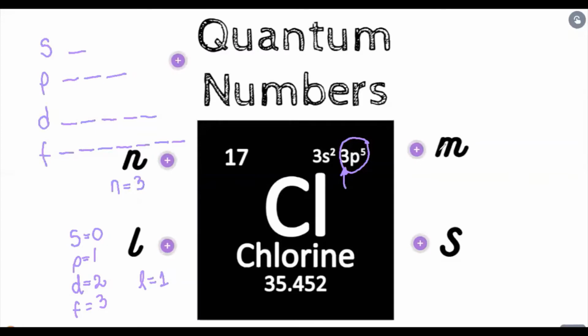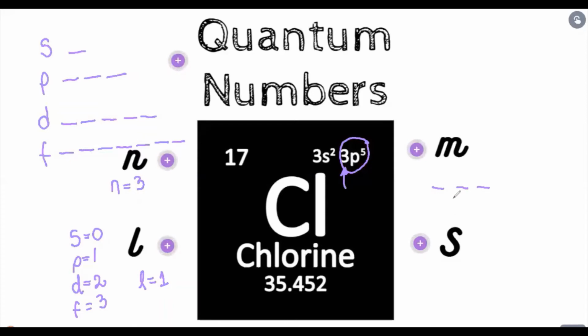M has to do with the magnetic quantum number, and this indicates the orbital orientation, meaning the suborbital where I'm standing. So in this case, I take P, and I know that P has 3 suborbitals.